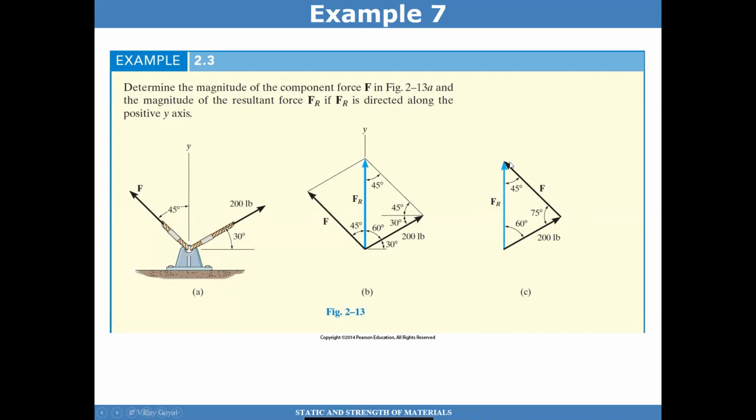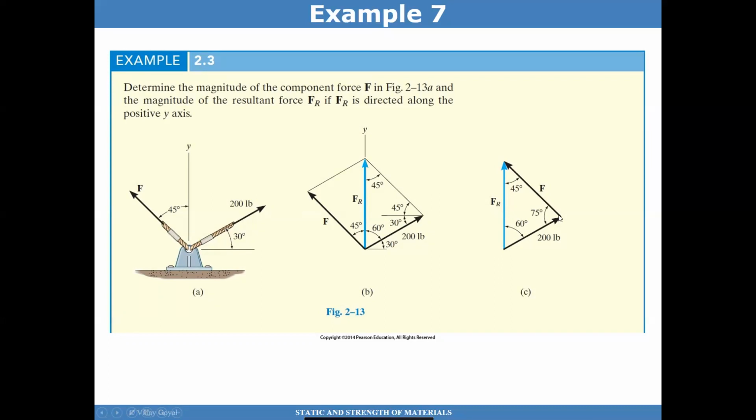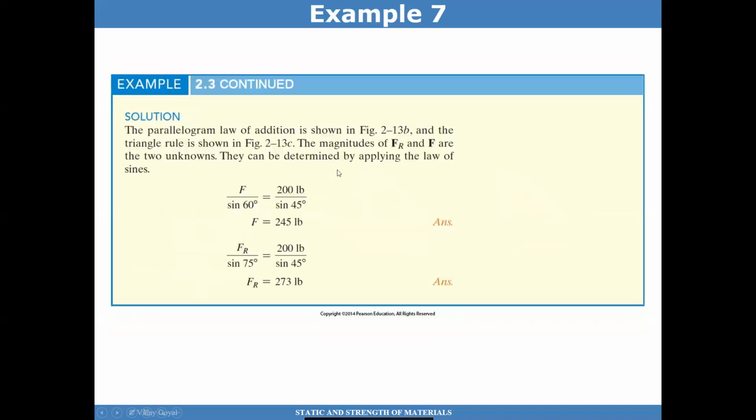And so I have a triangle now: these 45, 75, 60. Now I can use the law of sines again to solve the problem, because I know sine of 75, sine of 45, sine of 60. I know sine of 45 divided by 200 equals sine of 75 divided by FR. That's exactly what I've done here, and I can calculate the magnitude of FR and the magnitude of F using the law of sines.